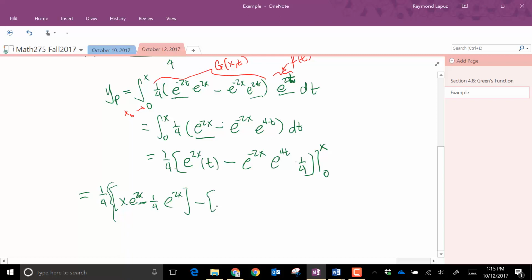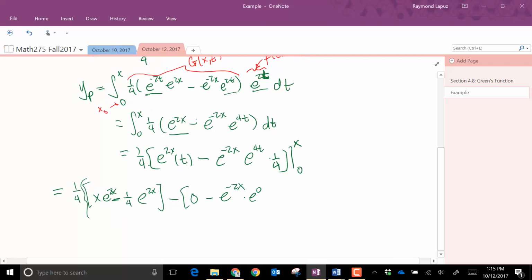And then let's put 0 in there. You get 0 because t is equal to 0, and then we have a minus e to the negative 2x times e to the 0, which is 1. And don't forget the 1/4 that I keep forgetting.